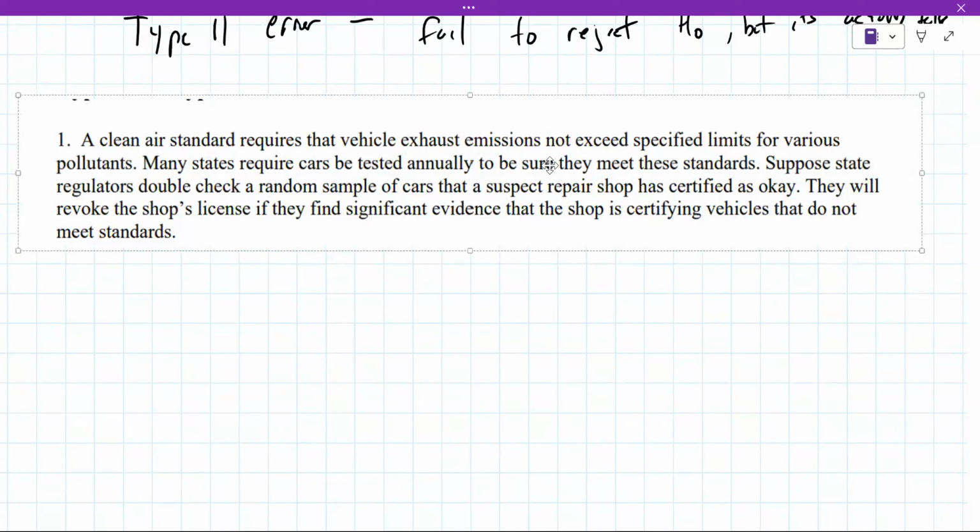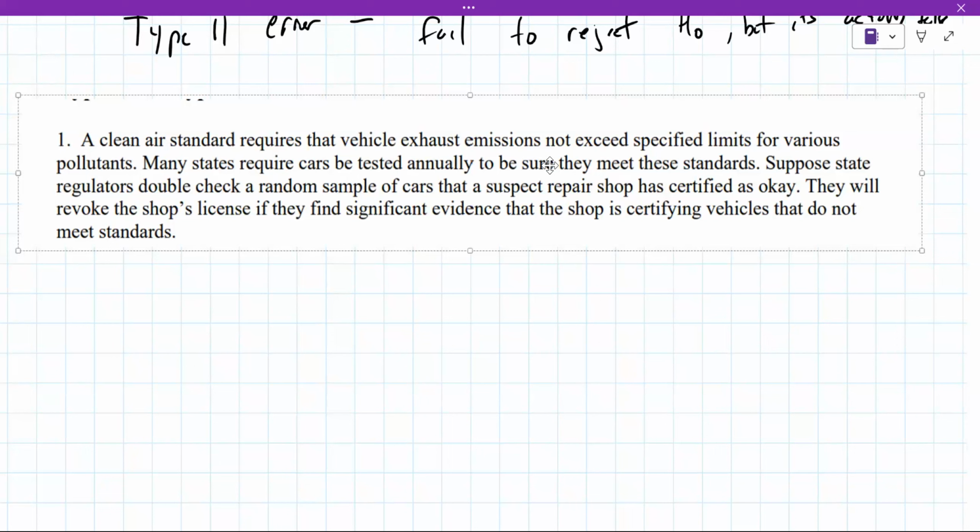Many states require cars to be tested annually to be sure that they meet these standards. Suppose state regulators doubly check a random sample of cars that a suspect repair shop has certified as okay. They will not revoke the shop's license if they find significant evidence that the shop is certifying vehicles that do not meet the standards. Okay.